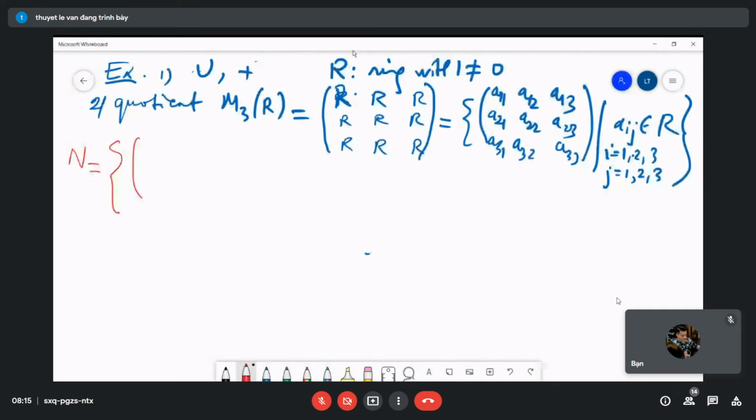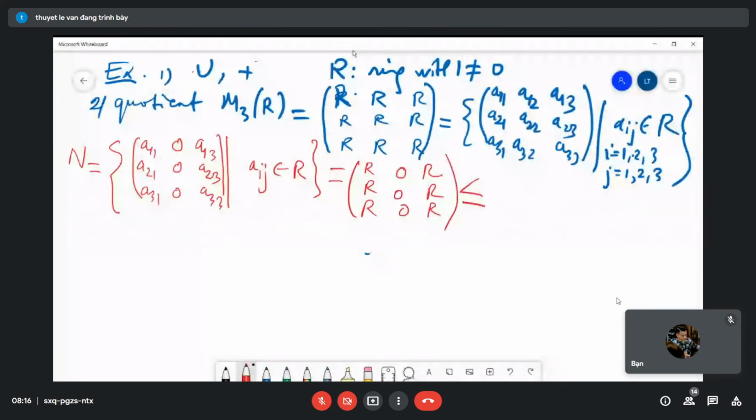So you can write that as a11, 0, a13, a21, 0, a23, and a31, 0, a33, where the a's are in R. And you can prove that it is a submodule of M3(R).